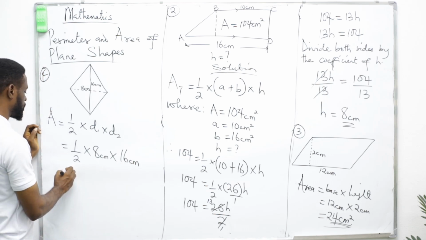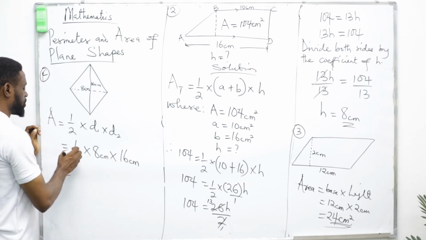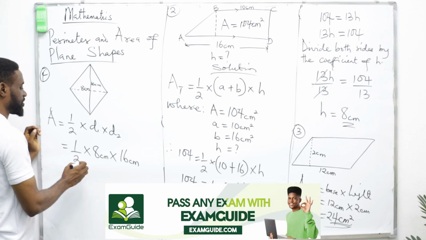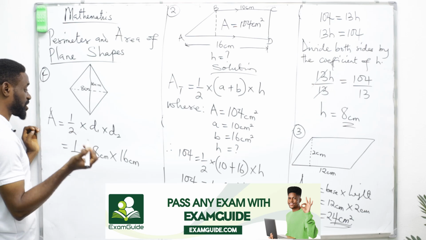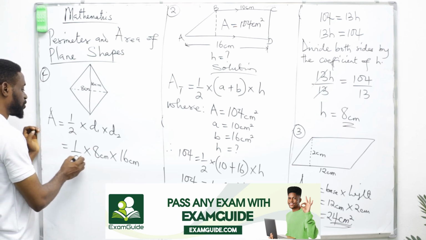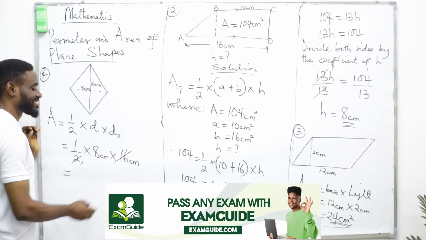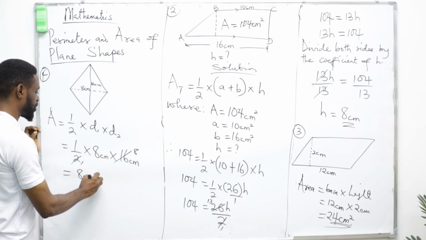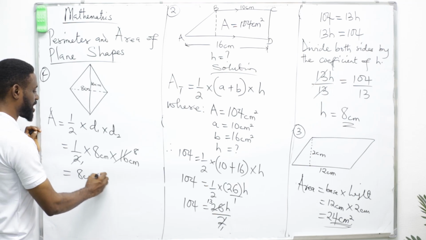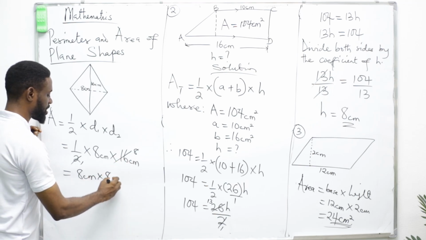So 1 times 8 is 8, and 8 times 16, but let's simplify this. 2 in 2 is 1, 2 in 16 is 8. So we are having 8 cm, because 1 times 8 is 8, times another 8 cm.